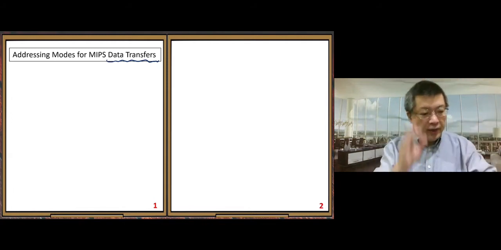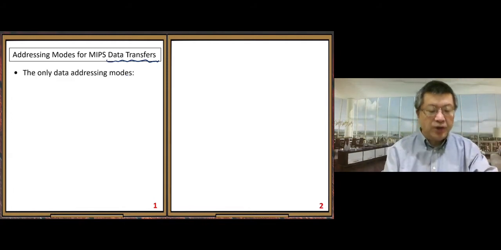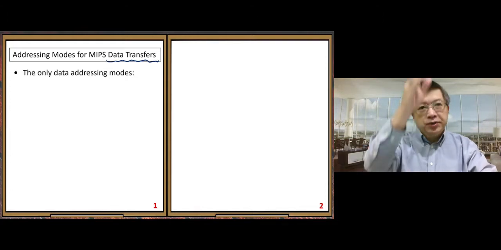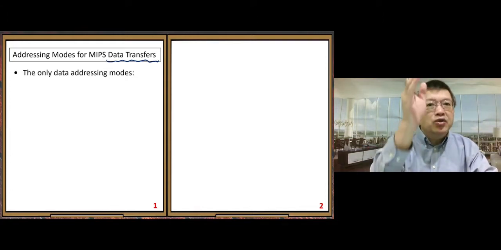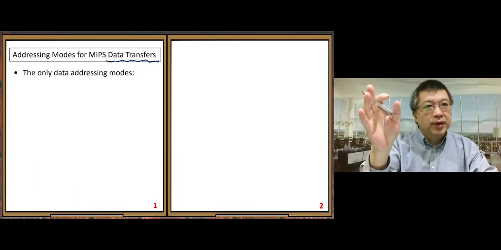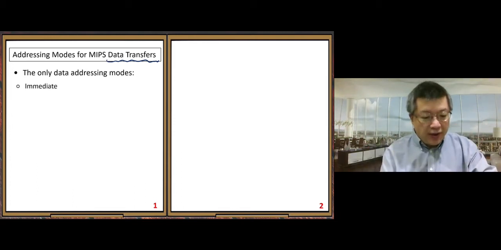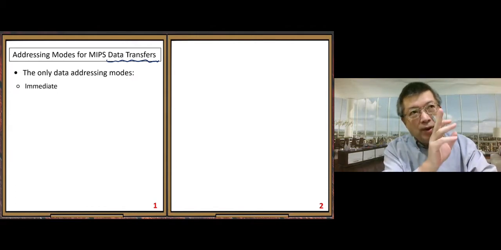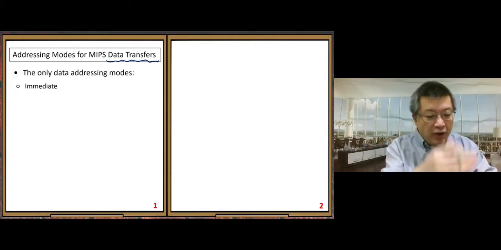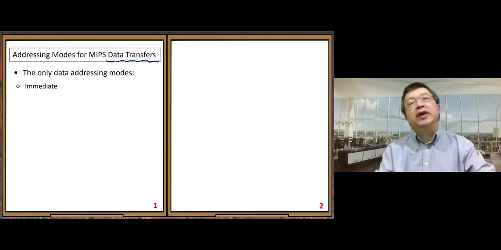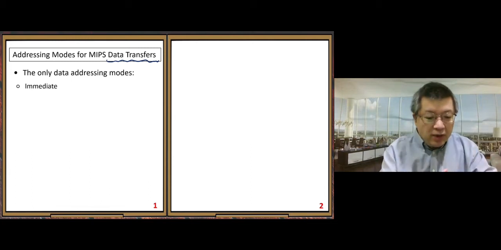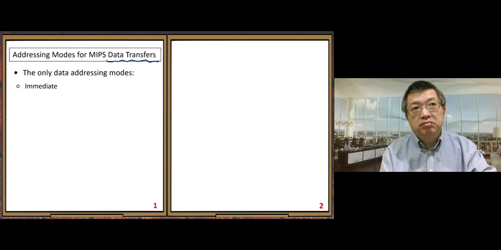The first part is related to data transfer. Let's look at the immediate field. Remember, we have an addressing mode we call immediate mode.